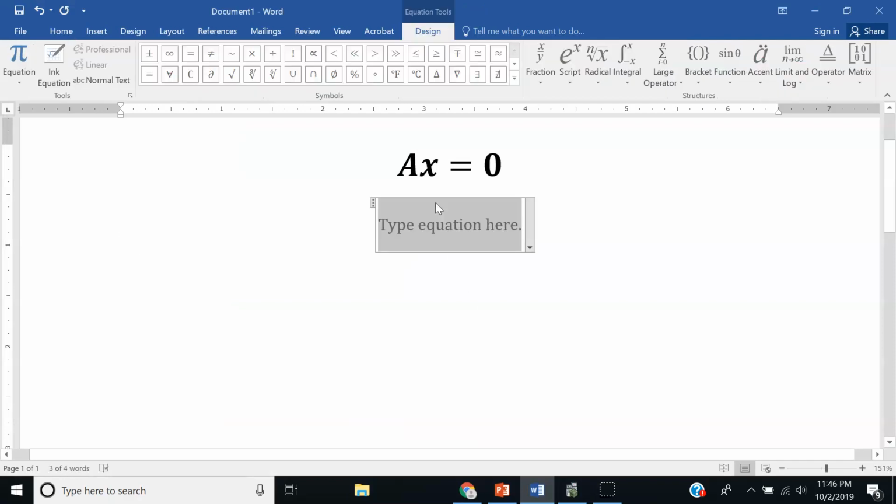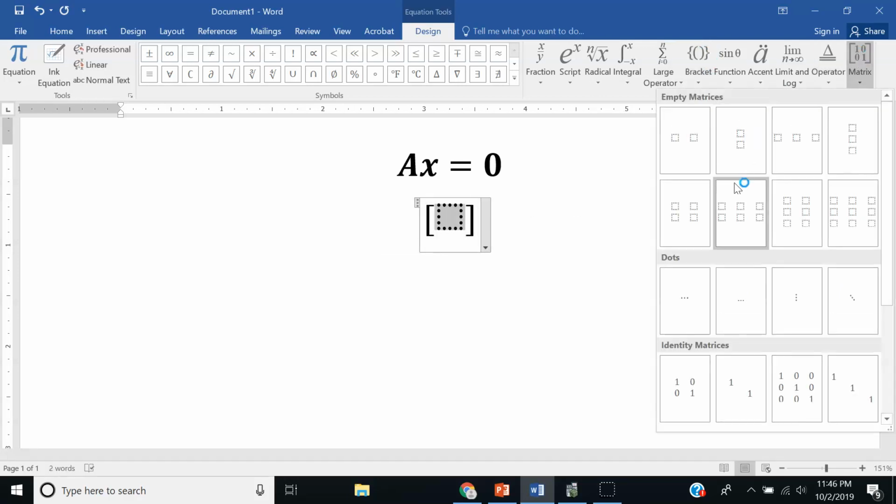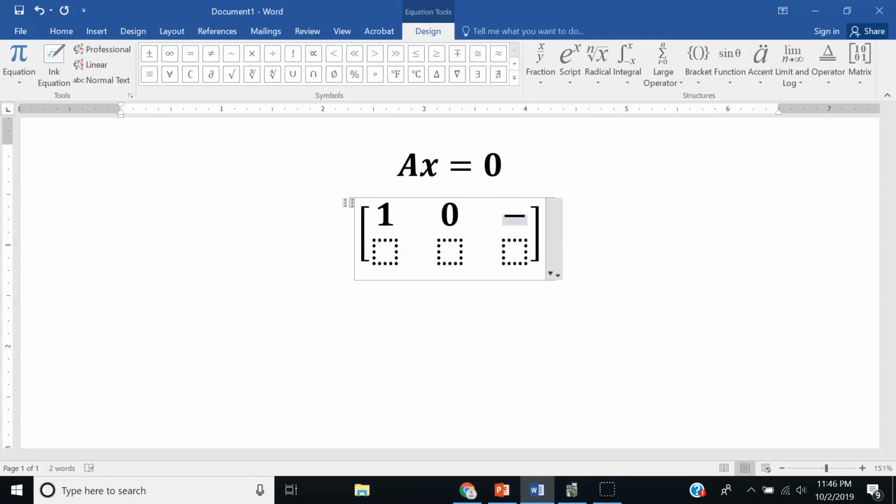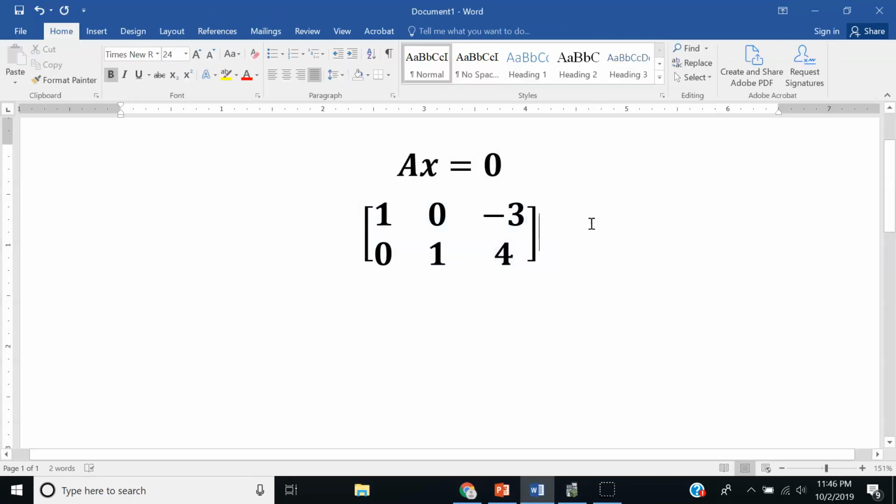So if our row-reduced echelon form of A looks like 1, 0, negative 3, 0, 1, 4. Remember, the augmented matrix will have a column of zeros over here to the right.